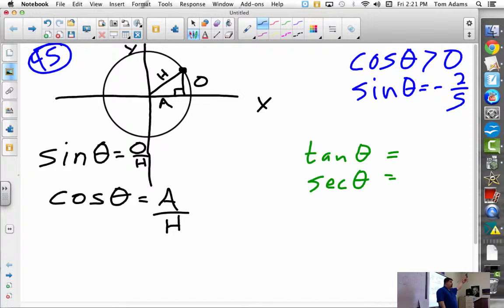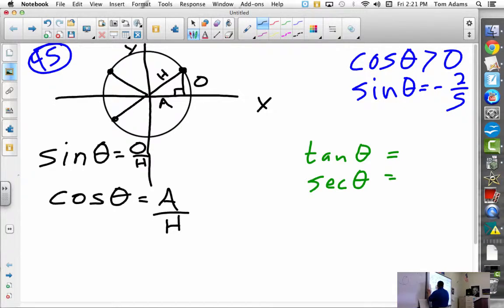So it could be a negative 2 over a positive 5, or a positive 2 over a negative 5. The 2 could be negative, or the 5 could be negative, but not both. Does that make sense?